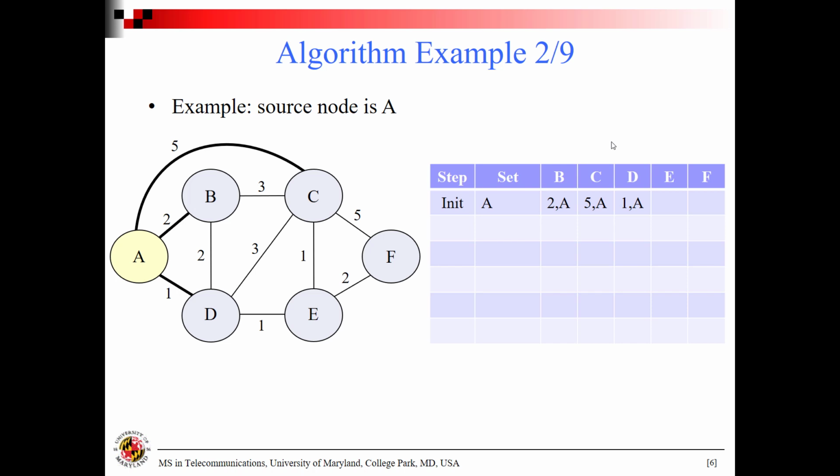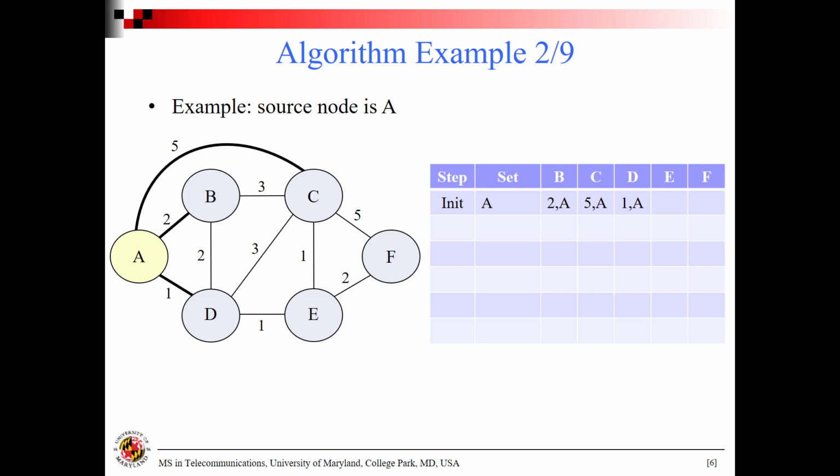Some people, when they run this algorithm, include infinity in that column of the table. I just leave it empty, saying the algorithm has not discovered those nodes yet, and it will as the algorithm evolves, as you will see.